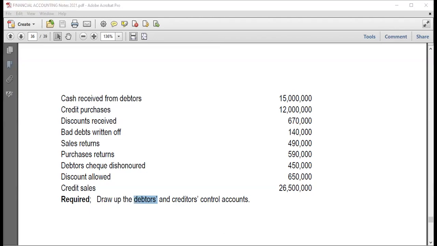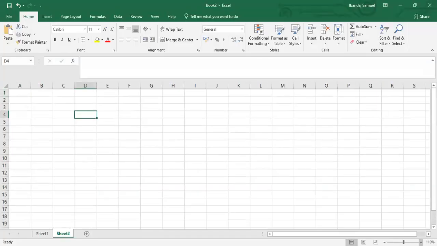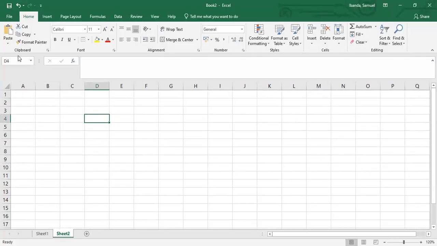So I'll just come to my Excel and demonstrate this for you. Control accounts are one of those really very simple things to basically do, okay? Once you understand the concept, okay? So let's start with the debtors control account.